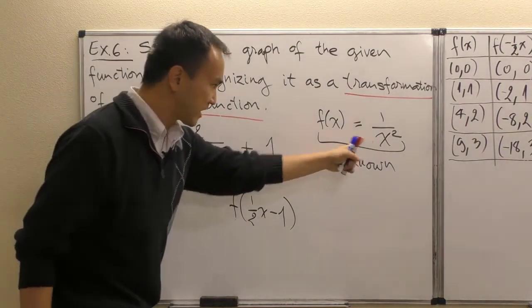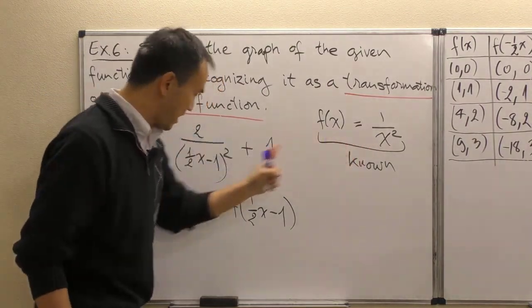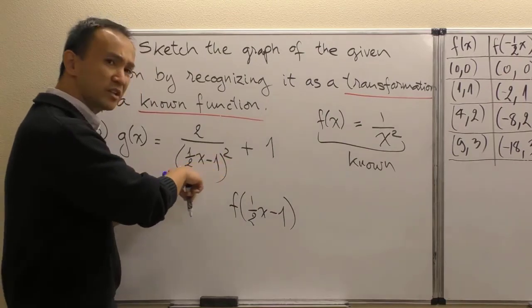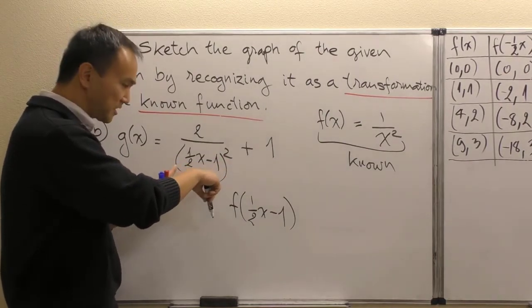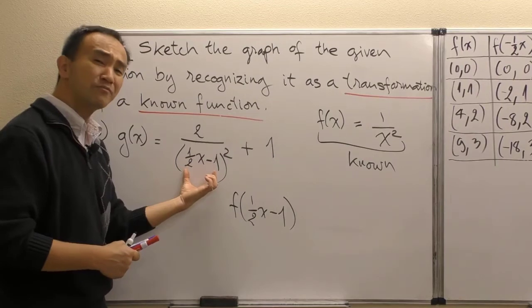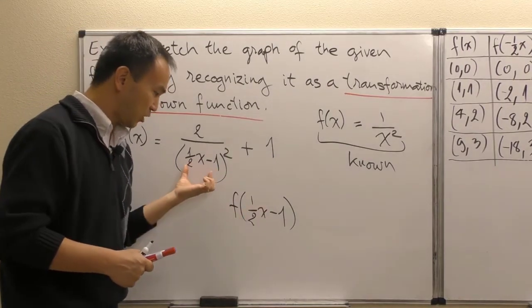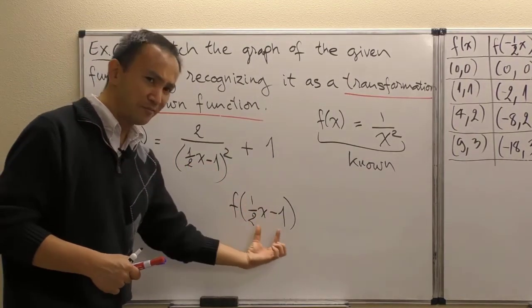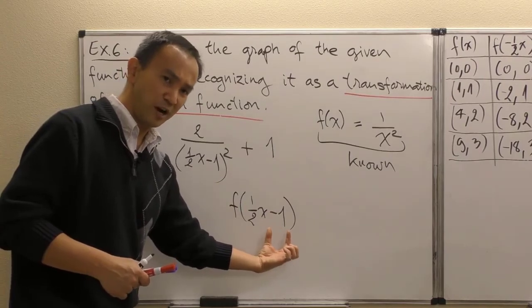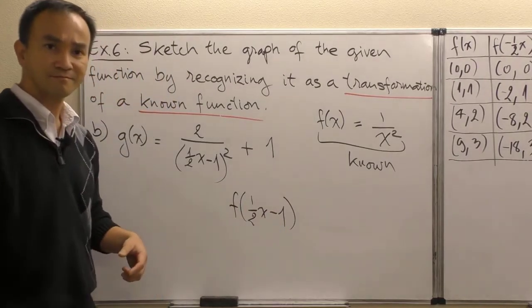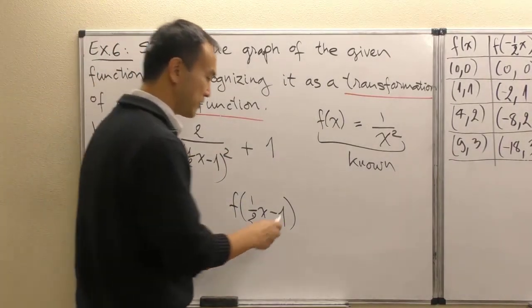But then putting it side by side, it looks like it's not just that square. It's going to be a square with something inside. I take the whole something inside there and dump that as the input into our function f of x. Now let's see what we have created.